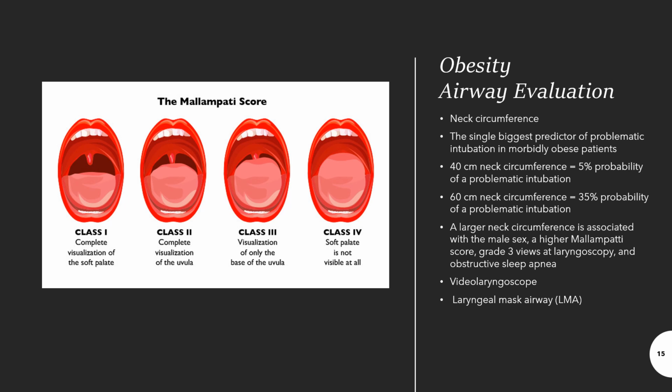And basically, when you get into class 3 and class 4, which has very poor visualization of the vocal cords, that's when you want to use a video laryngoscope or have an LMA standby. So once the patient's intubated and put on mechanical ventilation, now we're going to talk about strategies to manage the patient on the ventilator.